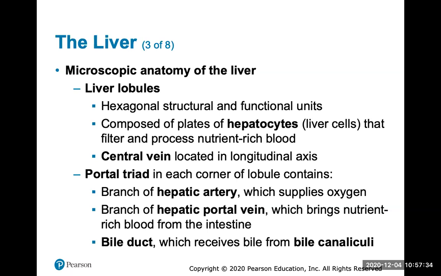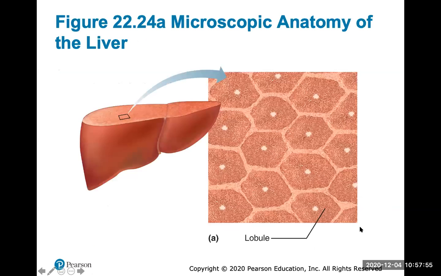Remember, the liver gets all the blood that came directly from the GI tract. So anything that gets absorbed from the GI tract will go through the liver, and it enters the liver via this hepatic portal vein. The hepatic artery also enters to supply oxygen that it needs, and the bile duct will receive bile from the bile canaliculi, which is what produces bile.